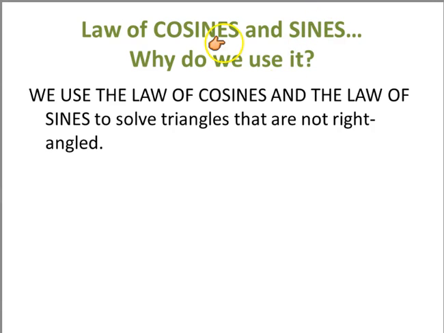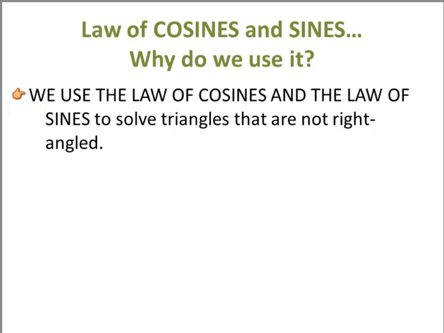All right. Law of cosines and sines is the last concept that we are learning in this unit. So far, every method that we've learned, the Pythagorean theorem, special right triangles, meaning 30, 60, 90 triangles and 45, 45, 90 triangles, and trig ratios, sine, cosine, tangent, all of those we used to solve for missing side lengths or angles in right triangles.